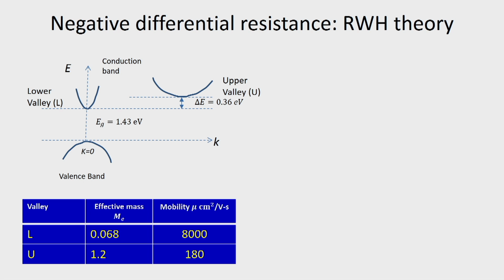So, these are typical values for a given semiconductor, whereas in the upper valley effective mass is 1.2 and the mobility is only 180. So, we see that when the electrons stay in this lower valley of the conduction band, they are much more mobile as compared to the electrons in the upper valley U.